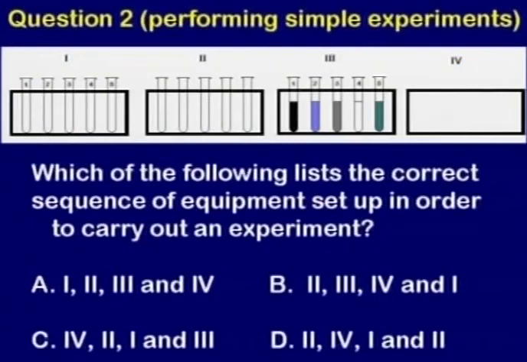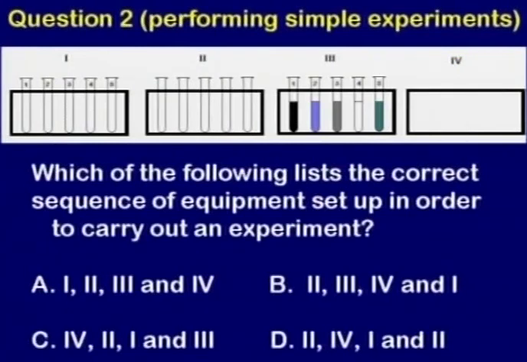If we read the question carefully, which of the following lists the correct sequence of equipment set up in order to carry out an experiment? When you are carrying out an experiment, there are steps that you will follow. In this case, we are looking at the order of setting up equipments. So you will see the first one will be the rack, which is number 4.